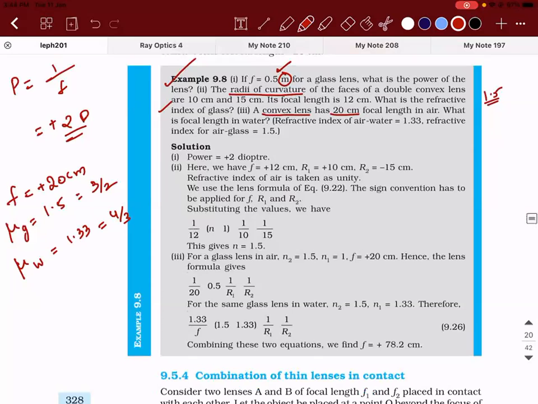Then what can we do? 1 by focal length in air is equal to refractive index of glass divided by refractive index of air minus 1, into 2 divided by r. There is a reason why I wrote 2 divided by r. Can someone tell me why I wrote a 2 divided by r?